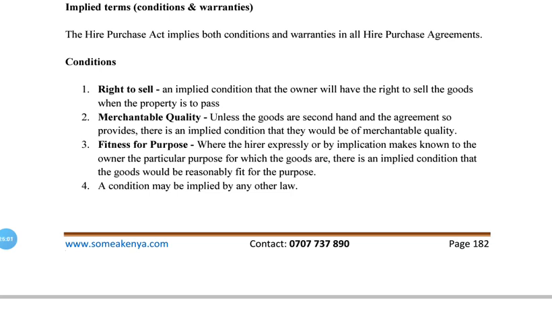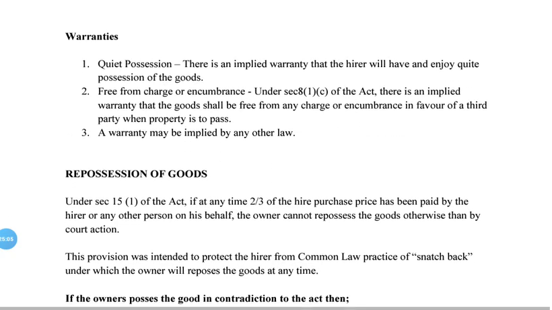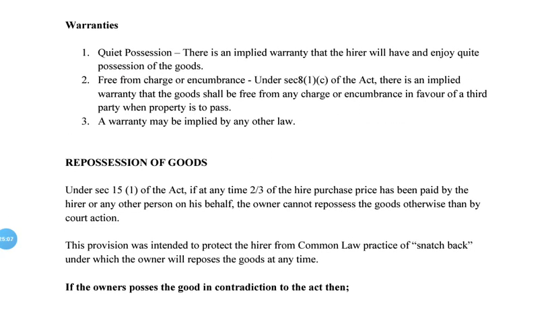So warranties. So what is a warranty? So there is a quiet possession. Quiet possession, we say that this is a circumstance under which the seller, the moment you purchase that item, you are supposed to be able to enjoy that item, even if you have paid in part, you have not cleared the installments.